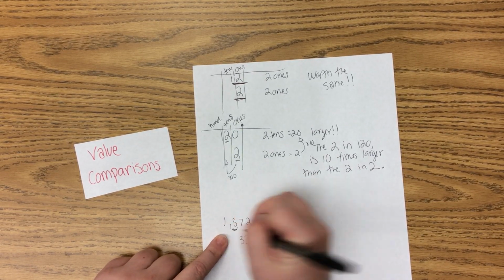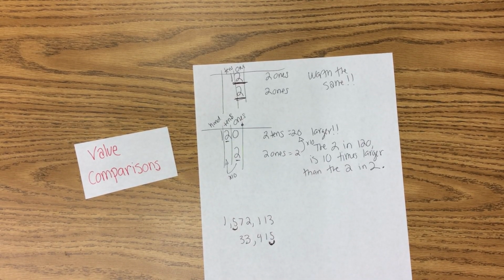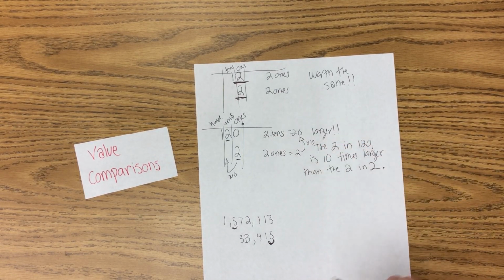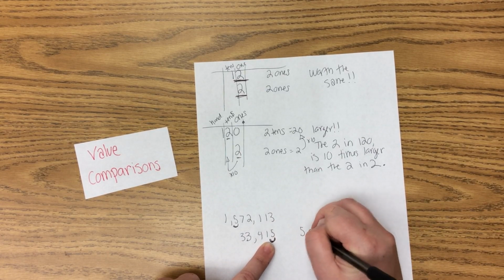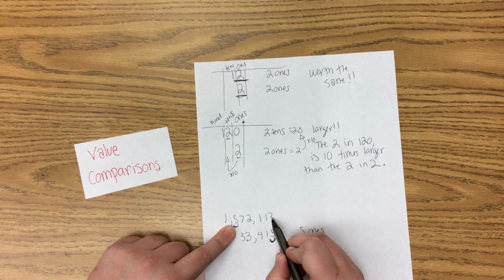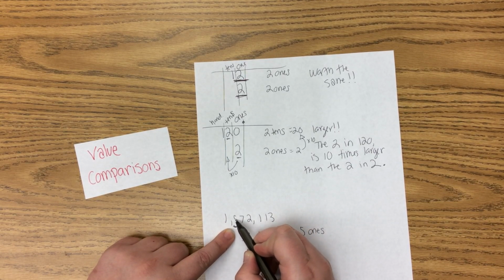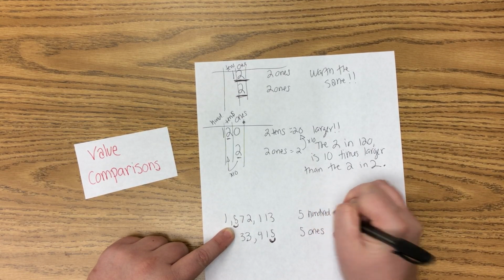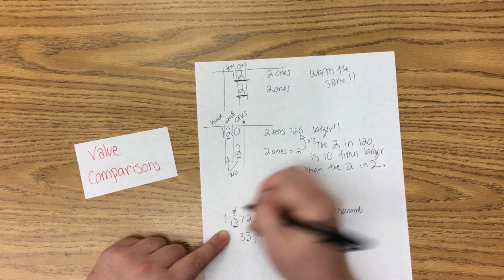So if I'm comparing this 5 to this 5, again, we're going to start by virtually picturing them in that place value chart. This 5 is going to be in the ones place. So this 5 is worth 5 ones. This 5 is in the ones, tens, hundreds, thousands, 10,000s, 100,000s. This 5 is worth 500,000.